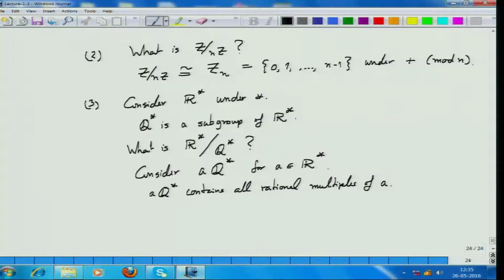In fact, all rational numbers collapse to 1. So, it is a strange kind of group that you get, but it is something which is not so obvious to see unless we have the quotienting operation.